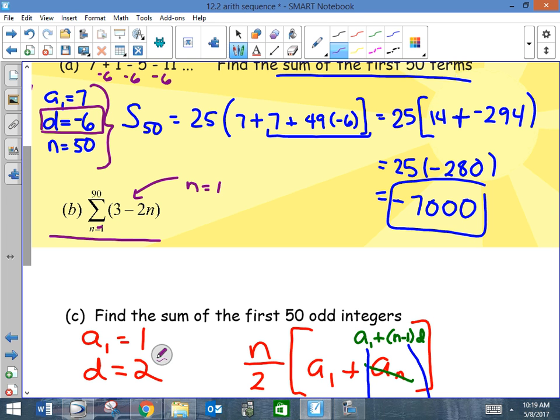Okay, n equals 1, what's a1? 3 minus 2, right? Okay, n equals 2. What is 3 minus 4? Negative 1. N equals 3.